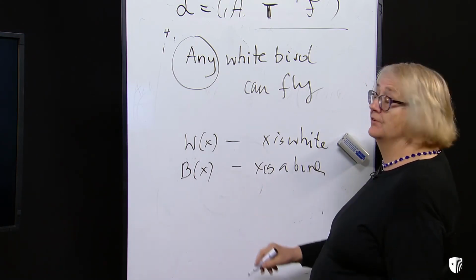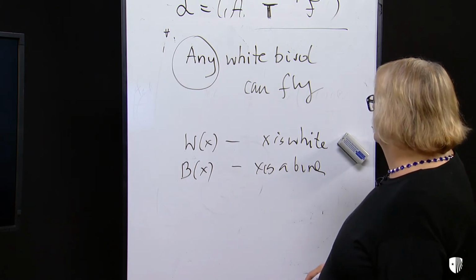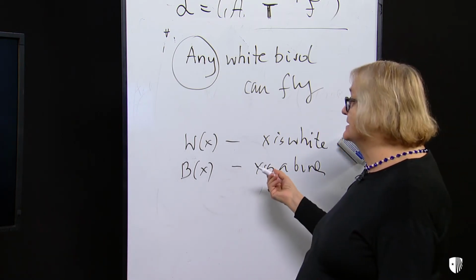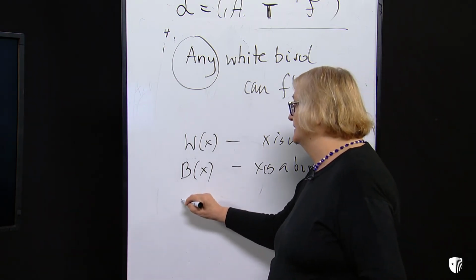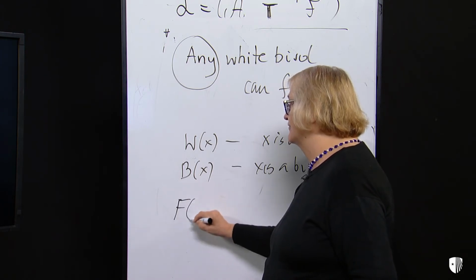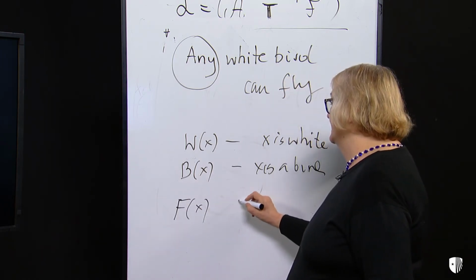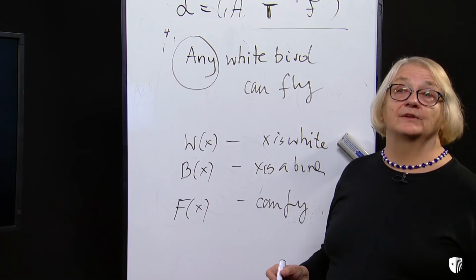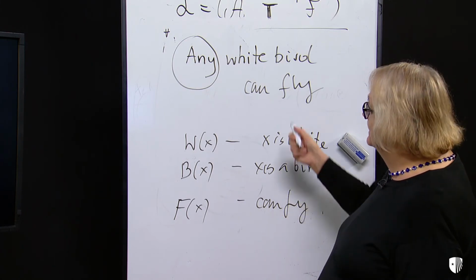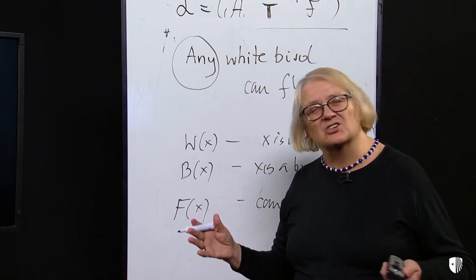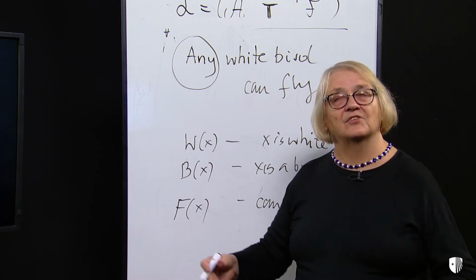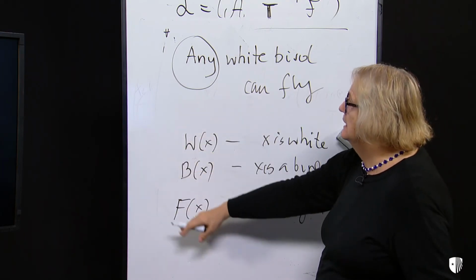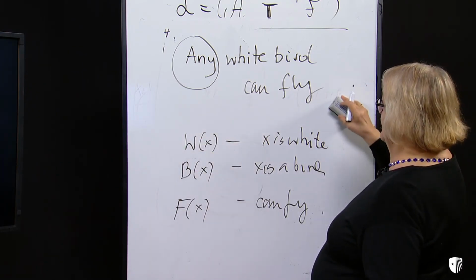So it's a one-argument relation. Can fly, let's put it F, is again a one-argument relation. So you can say, oh, can is a relation. What does it mean? Can fly is a relation. So to translate that, you need three one-argument relations.